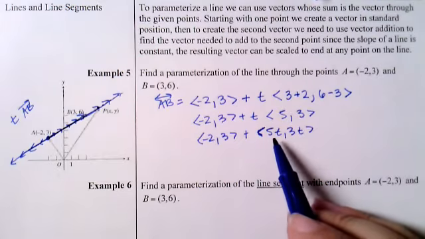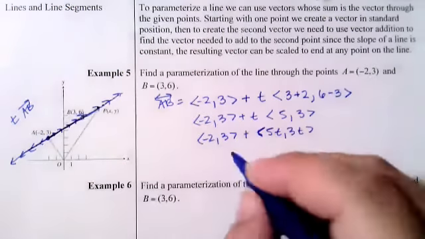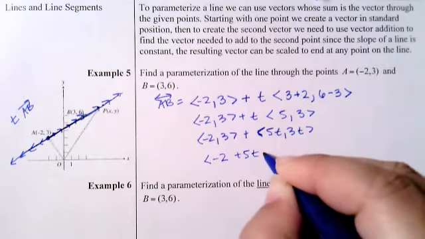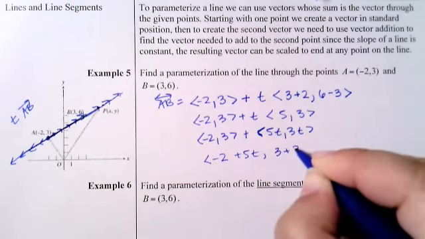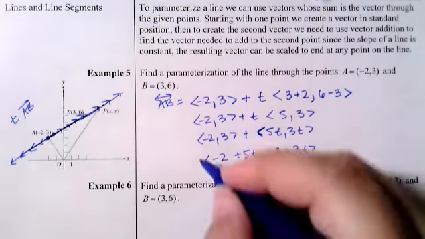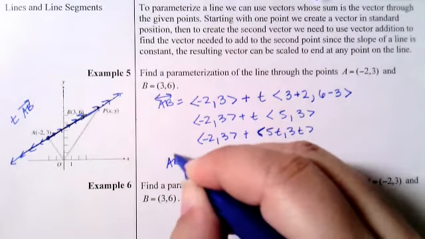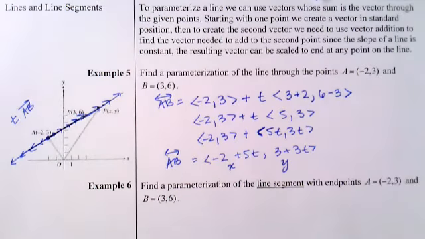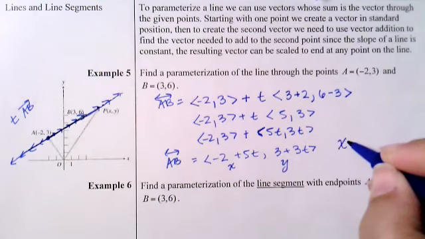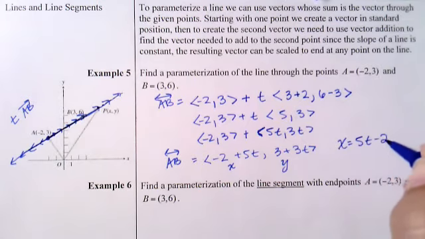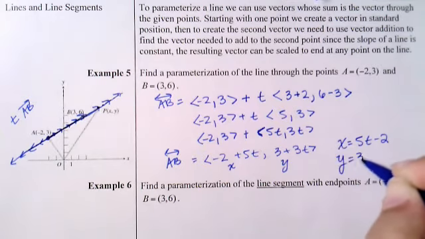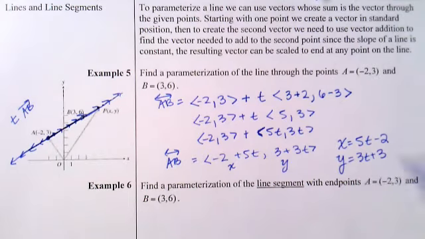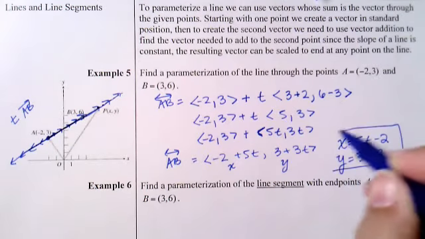And then to add my vectors, I add component-wise. So that's -2 plus 5t and 3 plus 3t. And this will give us a parametrization of the line, which means this is my x and this is my y. So we end up with x equals 5t minus 2, y equals 3t plus 3. I put them into slope-intercept form just because that's the way that we are used to seeing our equations.